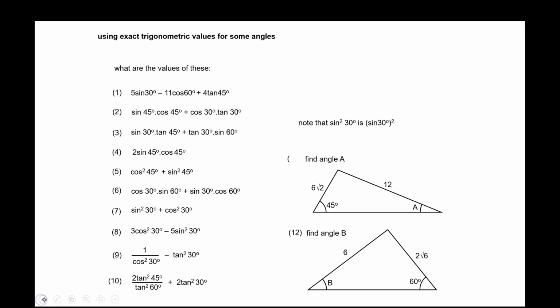They also put a list of those questions that we've just done there to work through. It's good practice simplifying and manipulating your surds anyway. The only thing to note is that sine squared 30 is actually sine 30 squared. So if you get the sine 30, you can just square it, which is obviously just times-ing it by itself. So have a go at those, see how you get on.